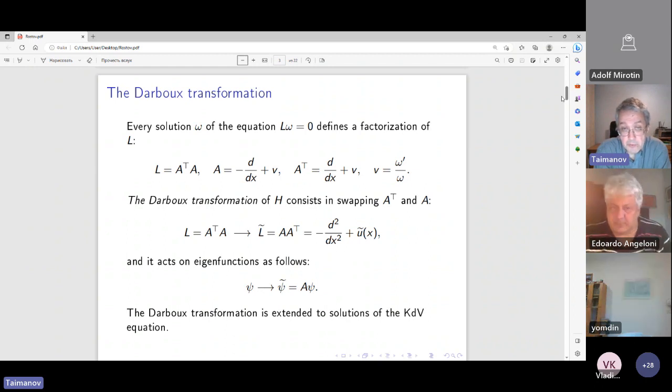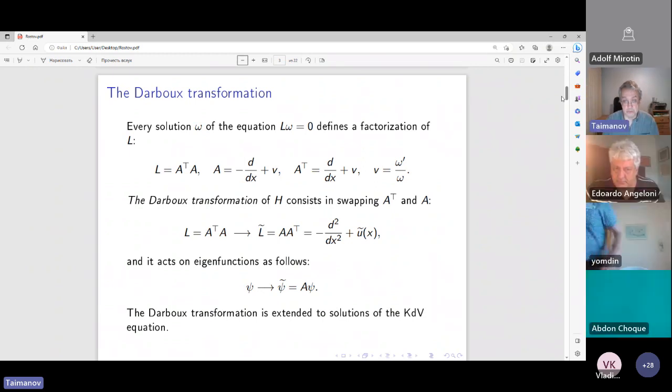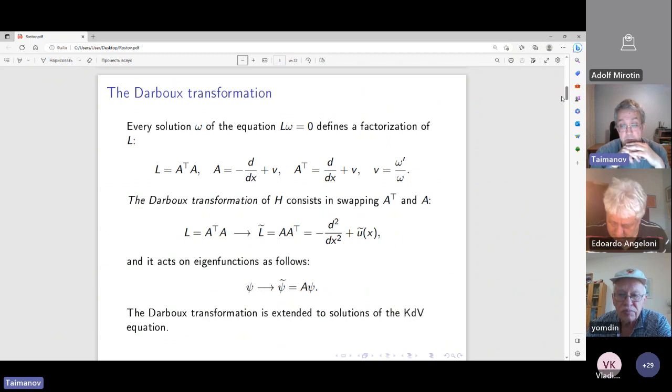The Darboux transformation, sorry, there has to be L here, not H, consists in just swapping A top and A. So we swap them, and you have another ordinary differential operator, L tilde, and this transformation acts on eigenfunctions in a very simple manner.